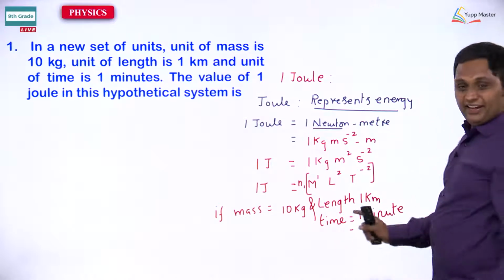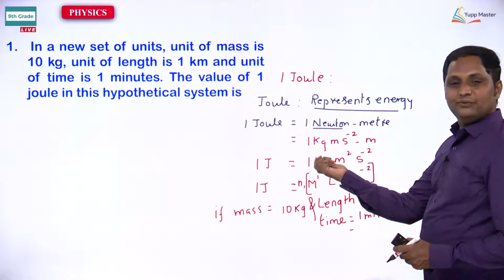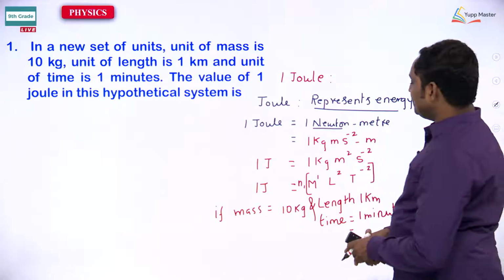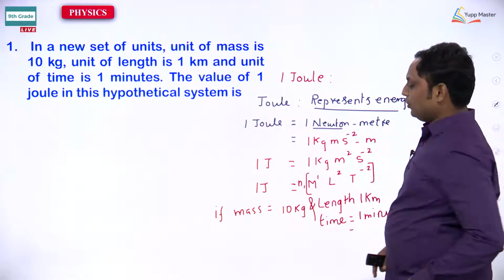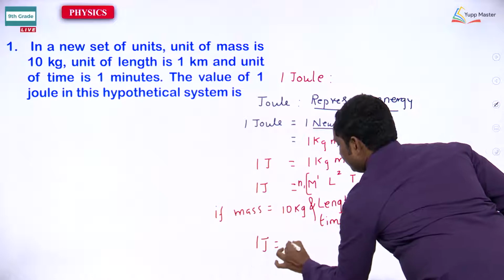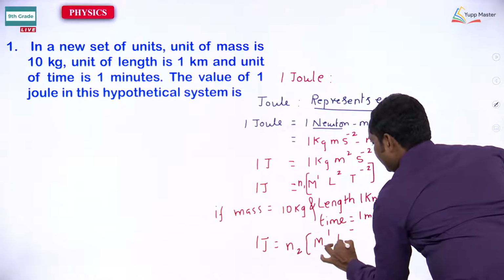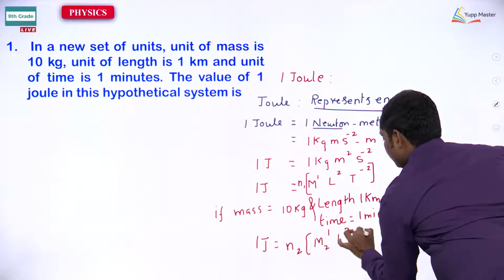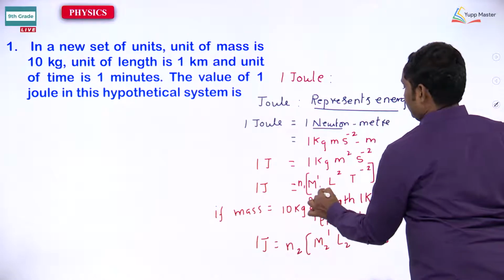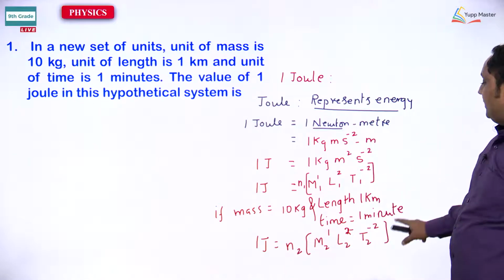This is the case which has been represented in one case; we have taken it in the first system. What is that value? Its value is going to be 1 joule, which is M1 power 1, L1 power 2, T1 power minus 2. This is the first system, so the suffix is 1.